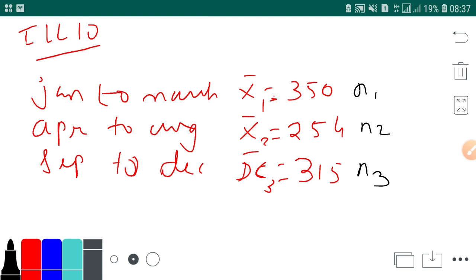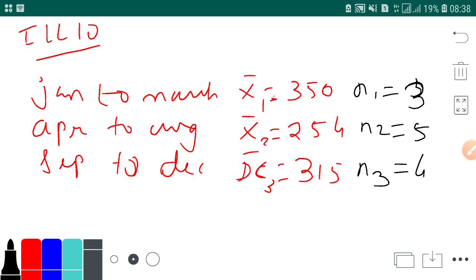For Jan to March, n1 is January, February, March, which is 3. April to August, April, May, June, July, August, is 5. And the last one, September, October, November, December, n3 is 4. So n1 is 3, n2 is 5, n3 is 4. So this is our data.